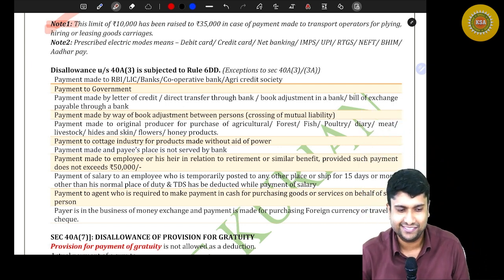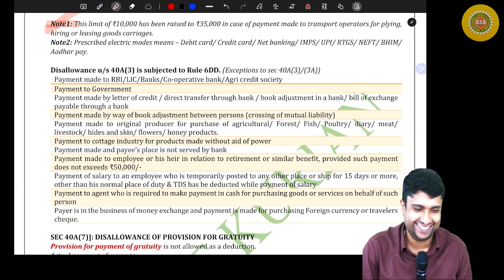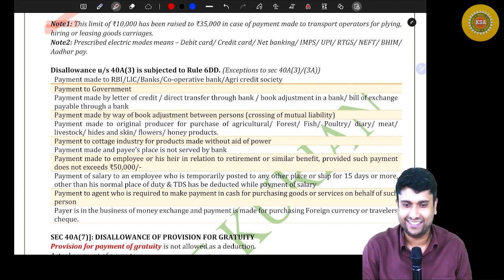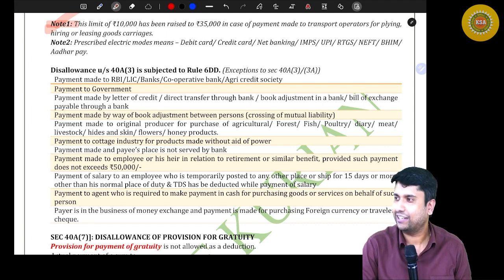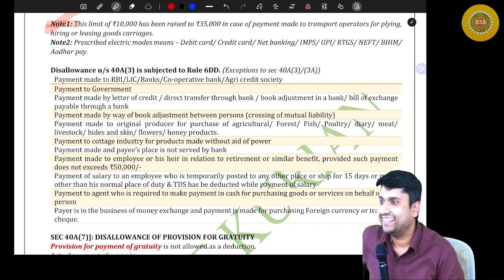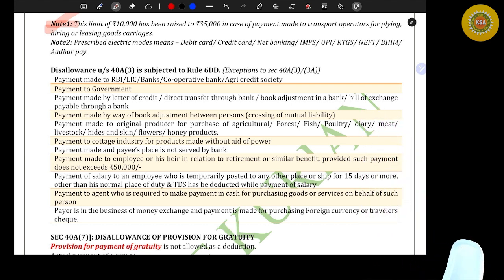What is Seaman? Like Shaktiman, Superman. Party leader. Forget about Seaman, Superman, Shaktiman. Think about 6DD. I thought it is kind of a superhero. Okay, his name is Seaman.